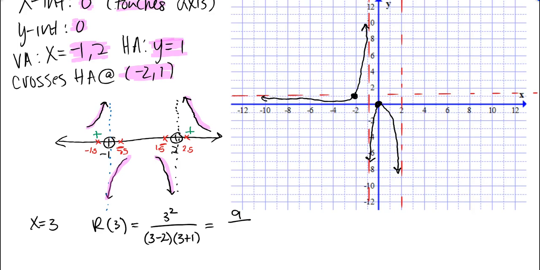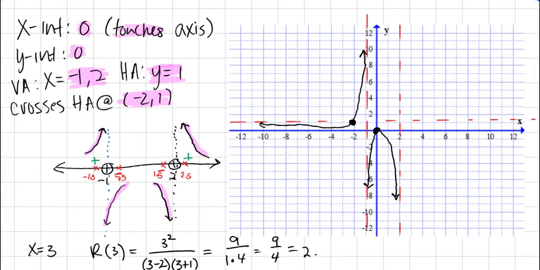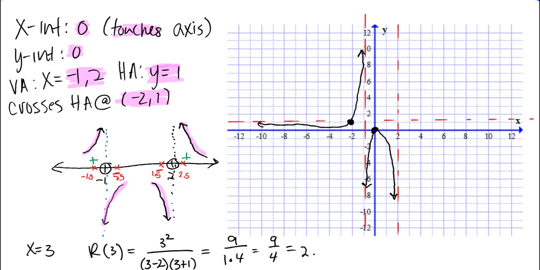It's 9 over 1 times 4. That's 9/4, which is about 2 point something, just a little bit more than 2. So at 3 and 2 point something, that would be about right here, I'm going to approach the vertical asymptote going to positive infinity and then approach the horizontal asymptote this way.